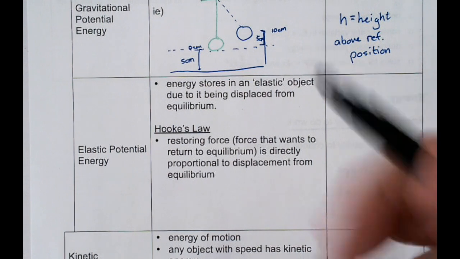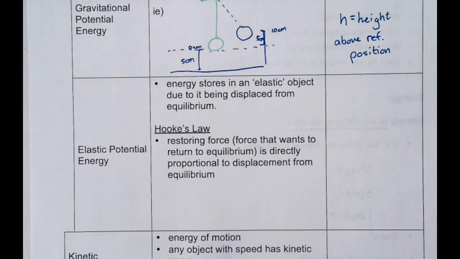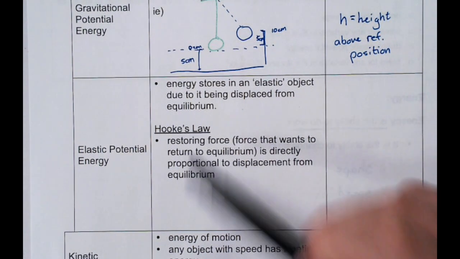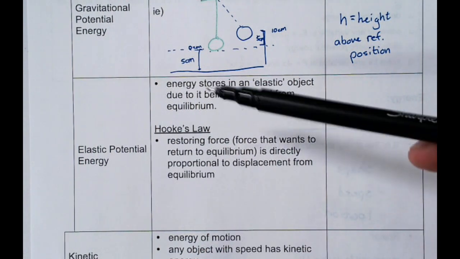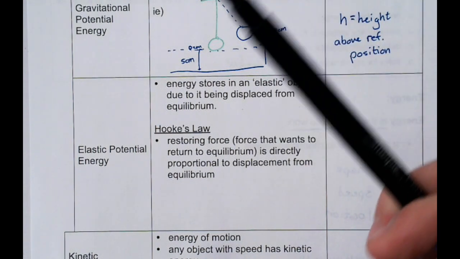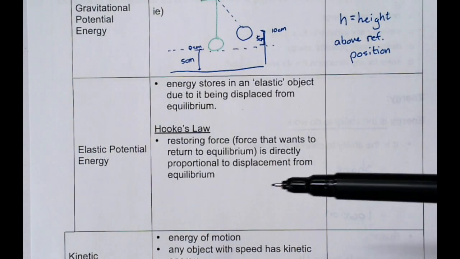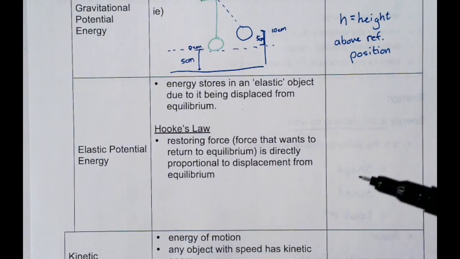It wants to get back to that original position. But it's got all that potential energy because when I let it go, it's going to snap back to its equilibrium. That's what Hooke's law is. Hooke is a scientist, and he found out that the restoring force, or the force that wants to get that elastic band back to being in equilibrium, is directly proportional to the displacement from equilibrium.